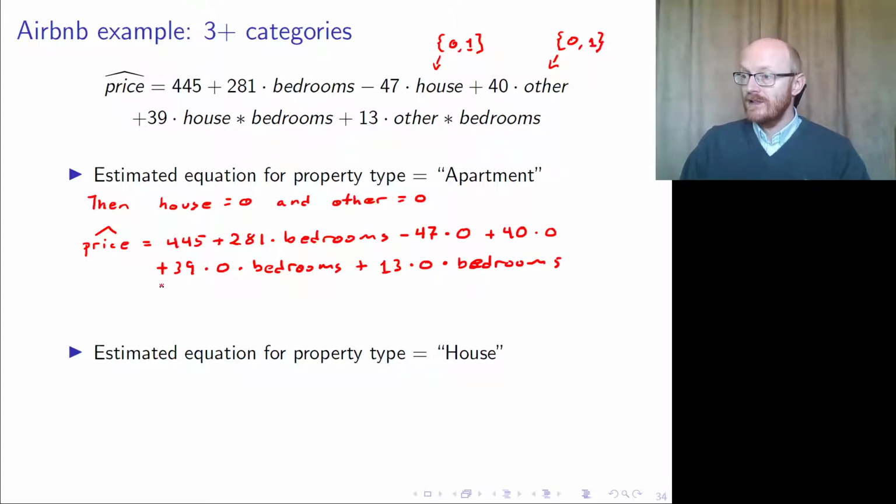And if you just join it together, you get 445 as the intercept, and the slope is 281 times bedrooms.